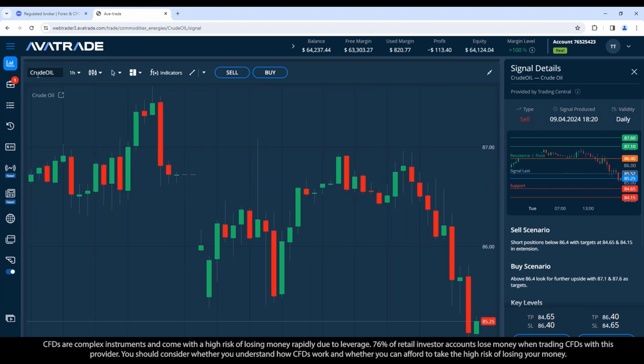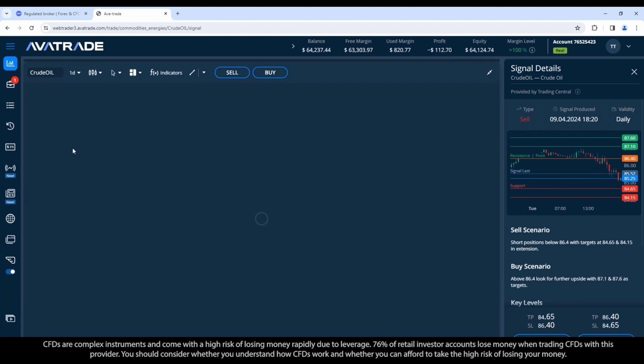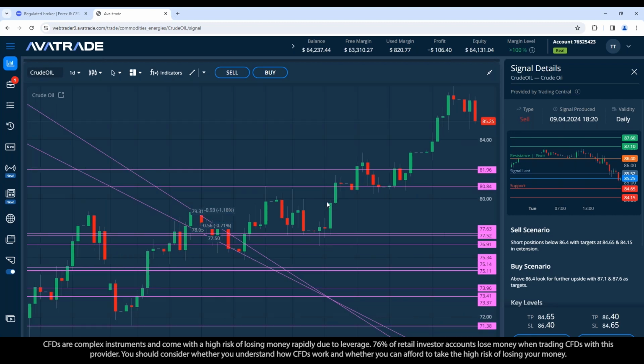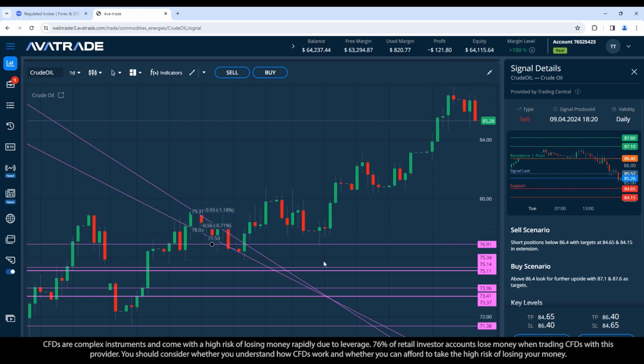Okay, and so if we look at one-day candles, we could see there's been a strong uptrend on crude oil, and this is really a small pullback when we look at one-day candles compared to all the climbing that has occurred. So already crude oil was going up. There's been a pullback here. Let's get rid of some of these old lines.